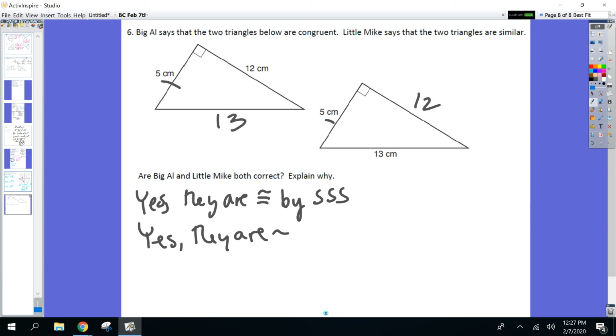So basically, what method are you using from last unit? Side, side, side similarity. I could have also used what instead of side, side, side? Side, angle, side similarity. Nice job today, guys. Nice job.